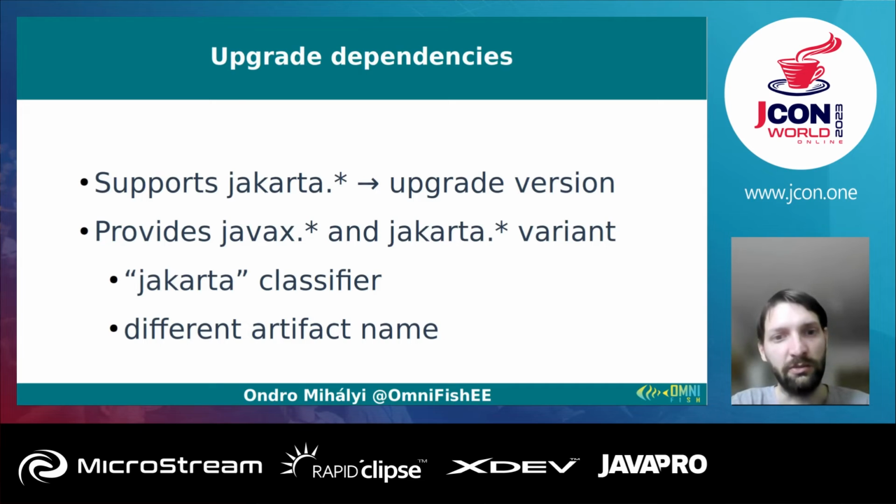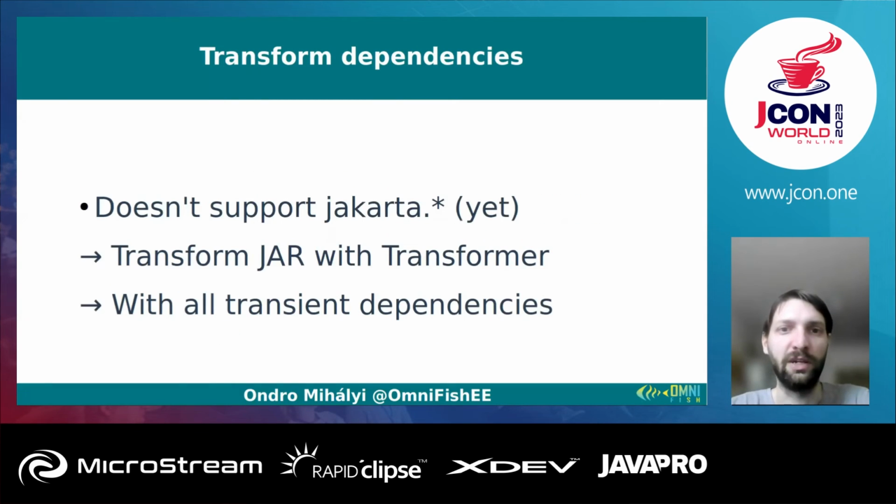Some libraries just have different artifact names, so it's not all the time the same thing, but the Jakarta classifier is very common. So if the latest version of the library doesn't provide Jakarta version, look for the Jakarta classifier first, and there is a high chance you will find the artifact you need.